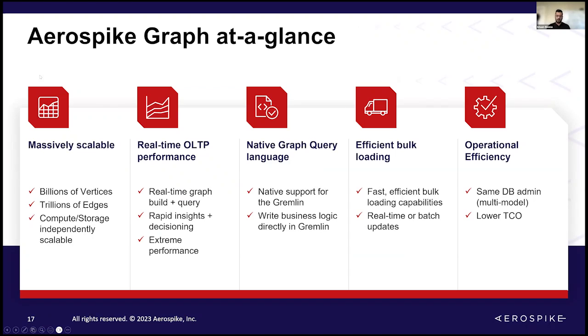If you've heard of Aerospike or are existing users, you already know this: the Aerospike database is massively scalable. And with Aerospike Graph, that same benefit of being able to get to a data item really fast, in a matter of milliseconds, applies here as well. So you can scale to billions and trillions of vertices and edges. As an aside, we have an independently scalable compute and storage model.